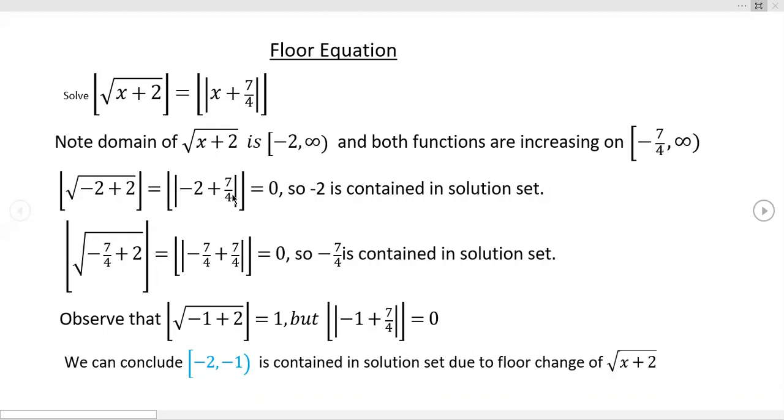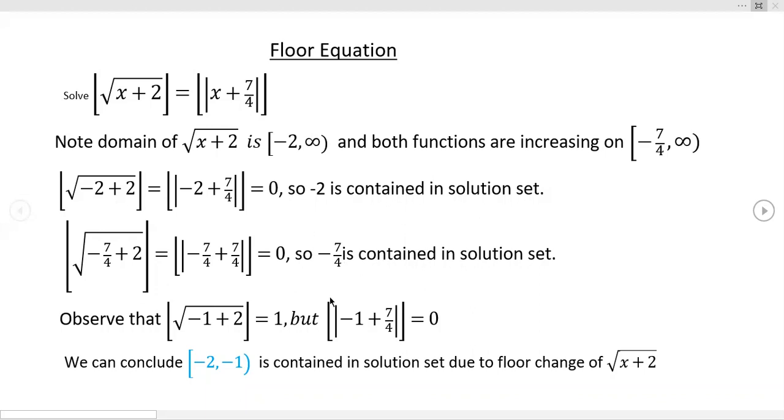Absolute value of minus 1/4 has a floor of 0. Now, I'm not going to go through all those calculations each time, but we know that at negative 2, they both share the same floor, and so it's a non-empty solution set, and negative 2 is contained in it. And I could have left this out, but just wanted to verify with you. When you put minus 7/4 in, you also get floors of 0, so it's also contained in the set.